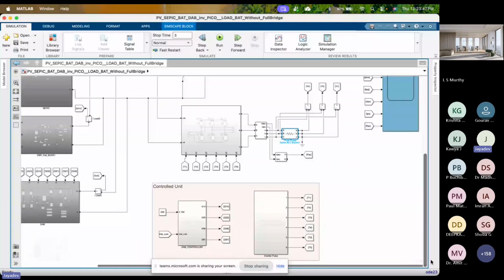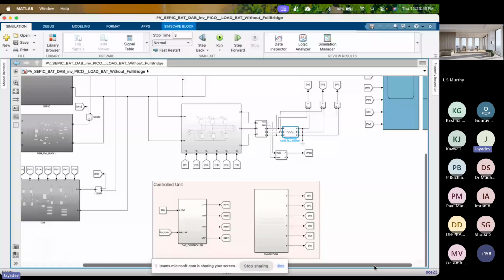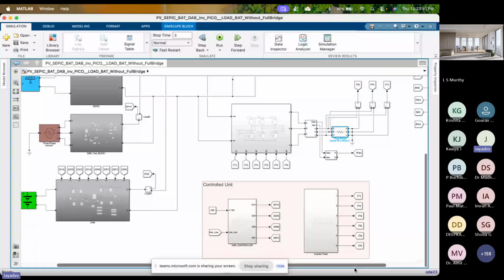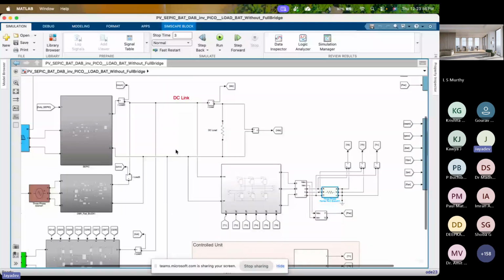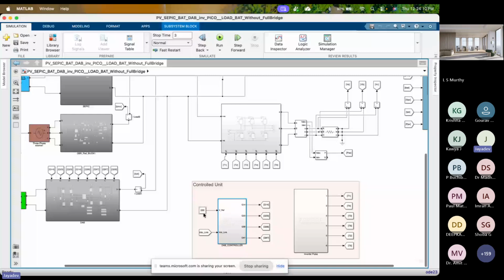Coming to the control unit, first, to control the DC link voltage, we need to sense the DC link voltage from VDC. This output voltage is sensed and given as the actual signal, and it is compared with the reference of 220 volt.